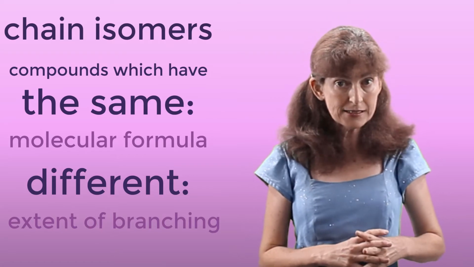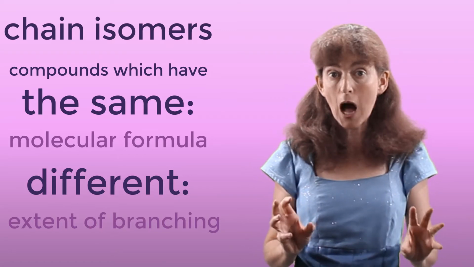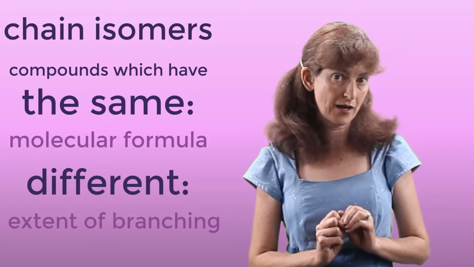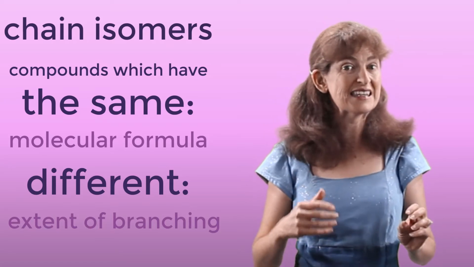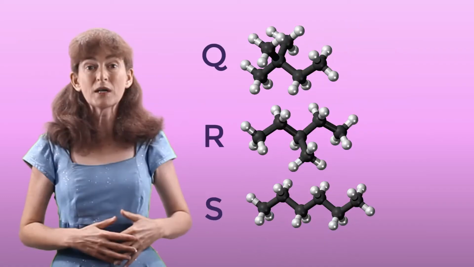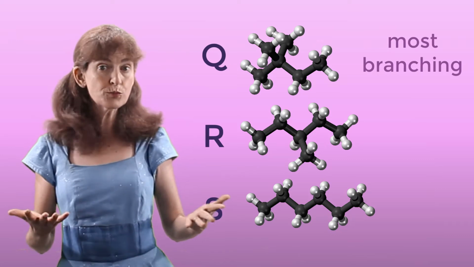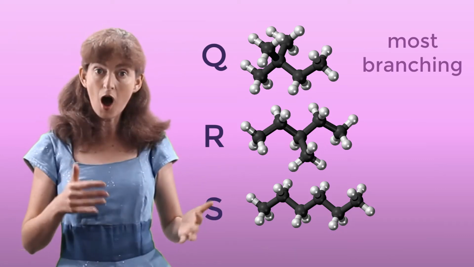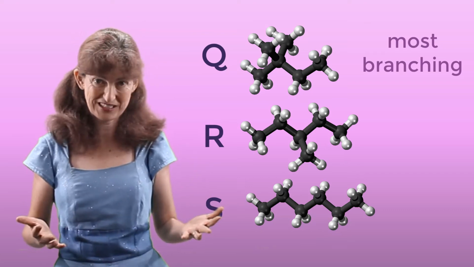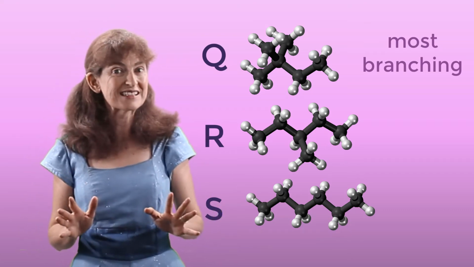Chain isomers are two or more compounds which have the same molecular formula as one another, but differ in the extent or presence of branches. We can see that Q has the most branches, 2 branches, R has the medium, 1 branch, and S has no branches. Now that's very important because actually what we're doing here is we're conducting an investigation.